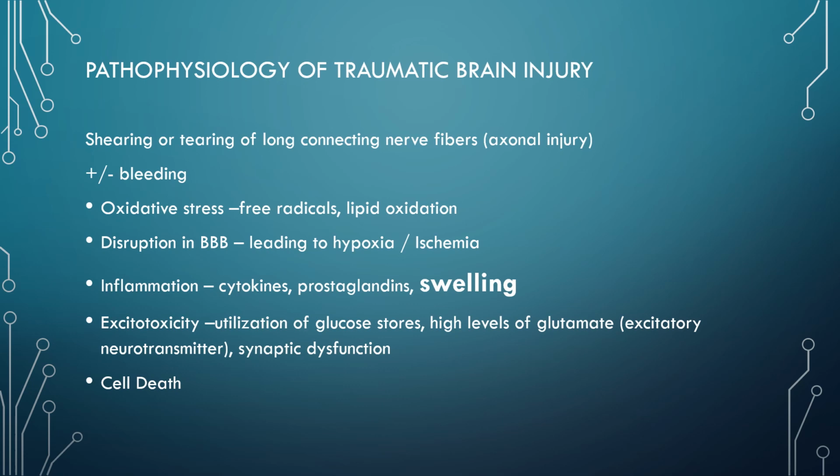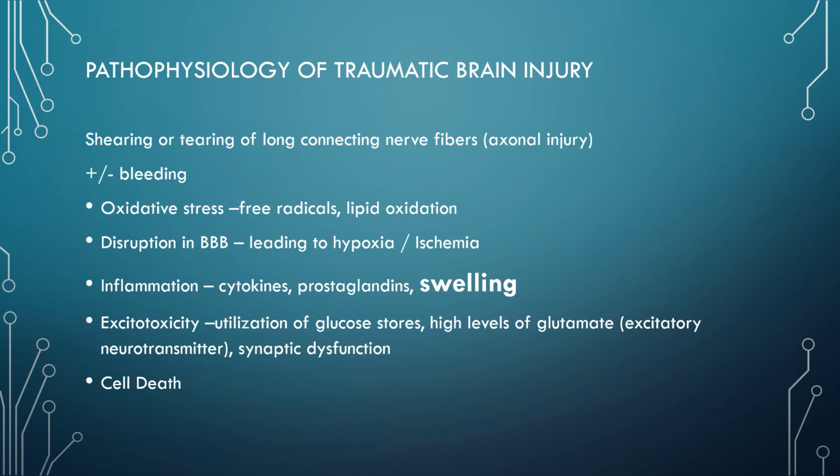So remember all the inflammation, free radicals, lipid oxidation, inflammatory cytokines, prostaglandins, everything rushes to the area and then you get swelling. Because of that swelling and inflammation, we get disruption in the blood-brain barrier. That can lead to ischemia and hypoxia because you have inflammation and fluid there.